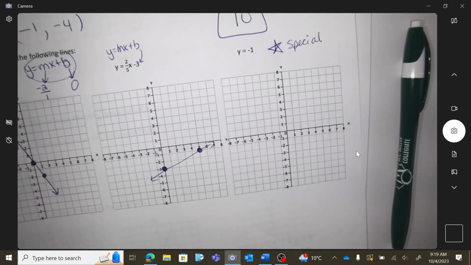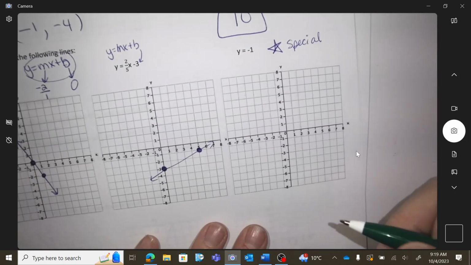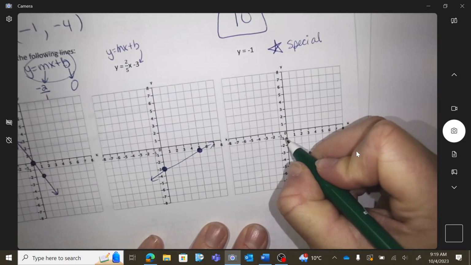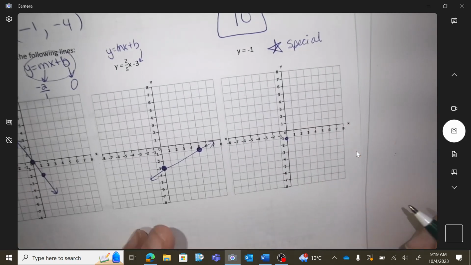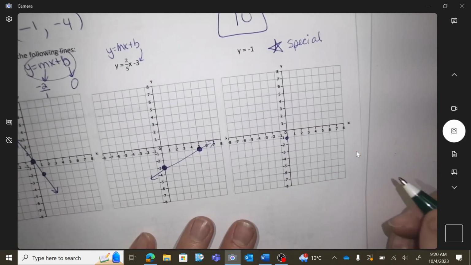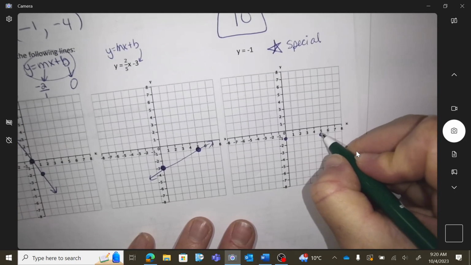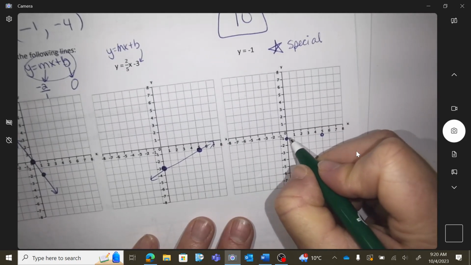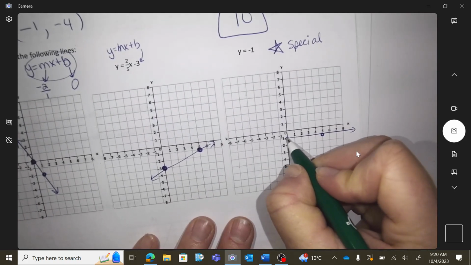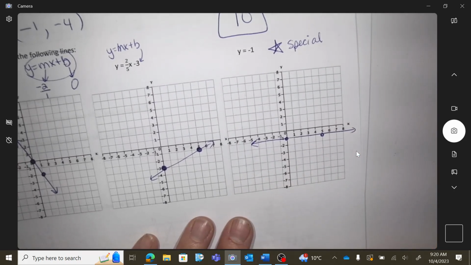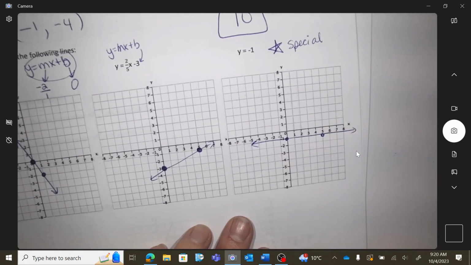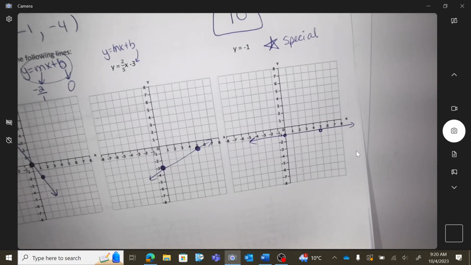And if you forget, draw a point that has a y value of -1. Draw another point that has a y value of -1. So it ended up being horizontal.